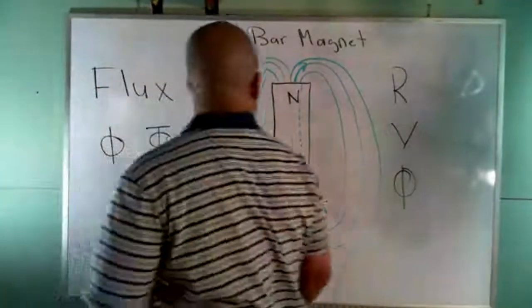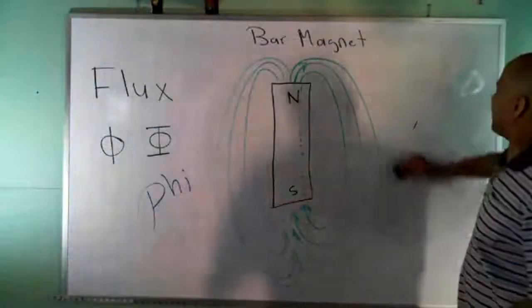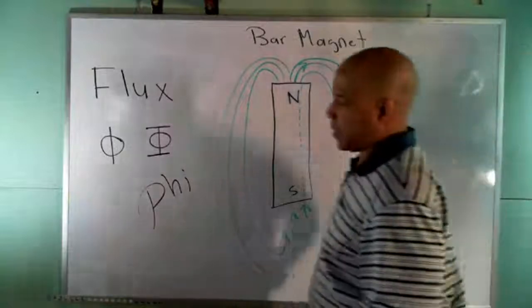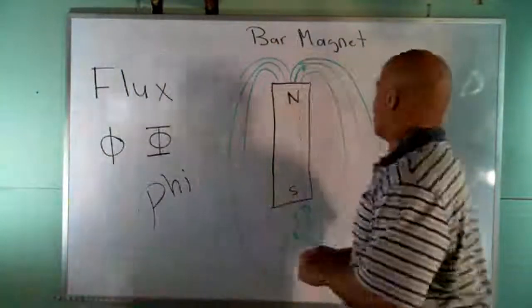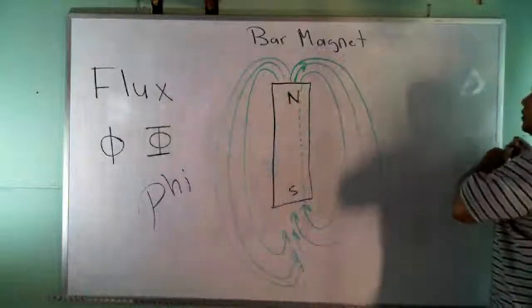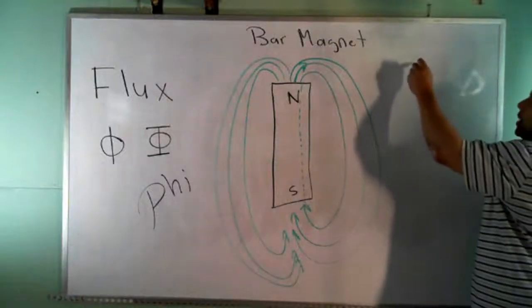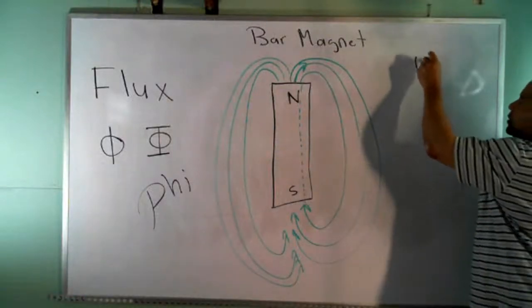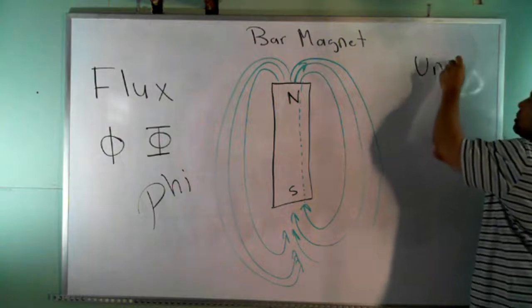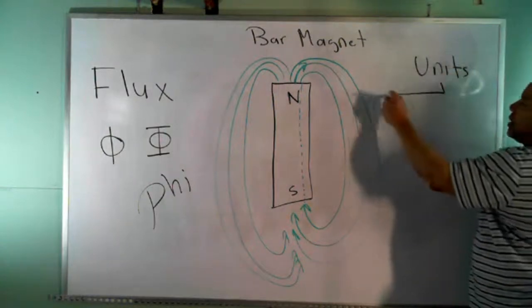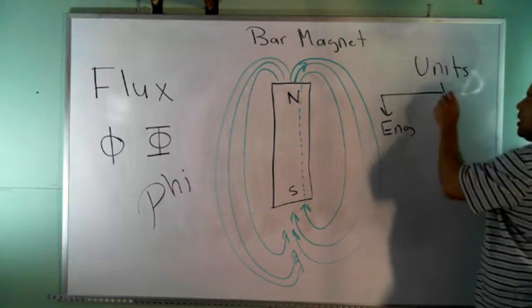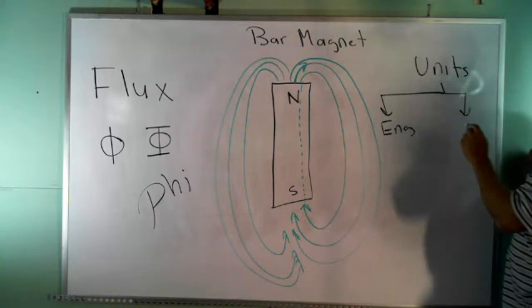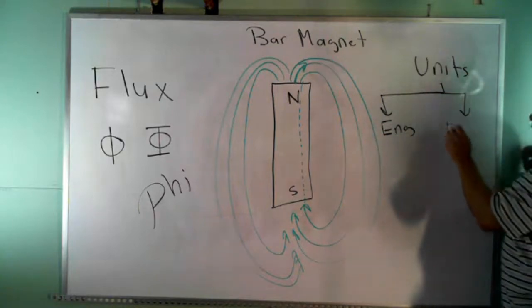Now let's talk about units for flux. One unit, well, before we get into the unit, remember when we talked about systems of units? So we had units, and we had the English, and over here we had the metric.